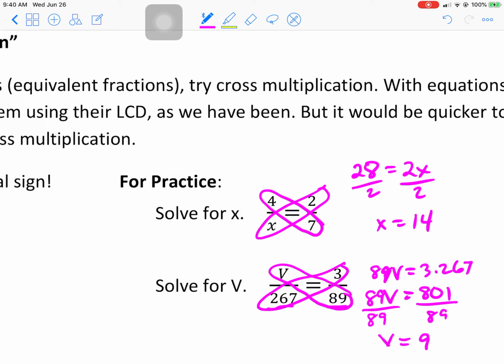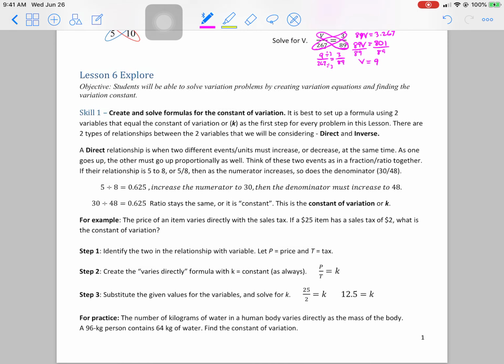So you can check that by, if V is 9, that means I divide by 3 to get 3. And if I divide by 3, I should get my 89. Okay? Just to check. So that's just another way to process these as you're working on them.